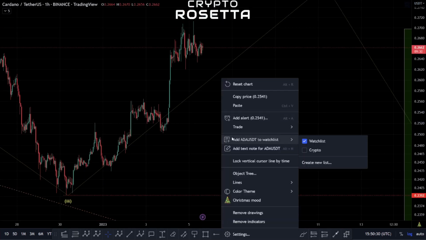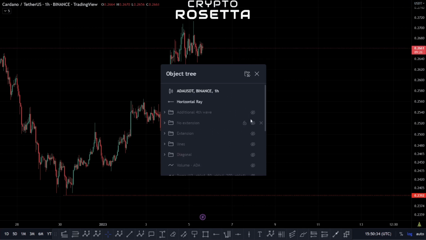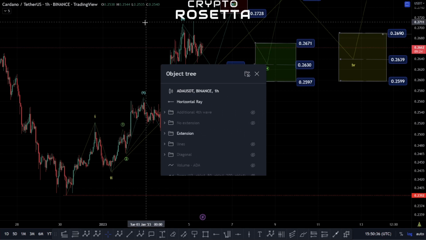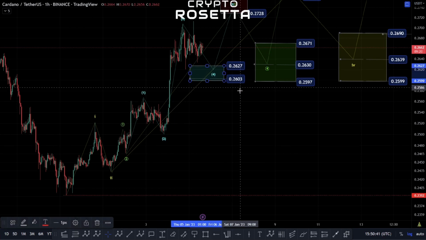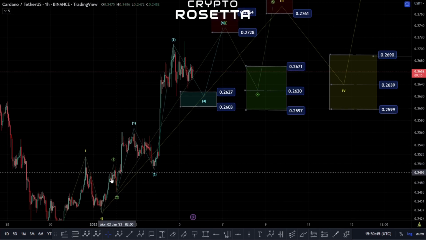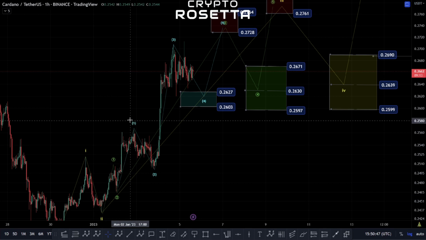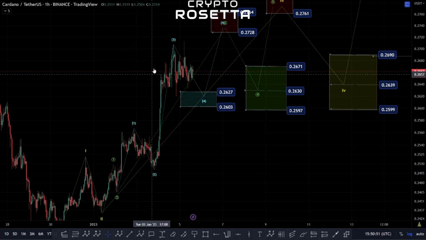So there is another way of looking at this move, and I'm going to turn off this diagonal first. We can actually look at this as a potential extension within this wave 3, and if that is the case, what we could be looking for is, rather than looking at this as a whole as a wave 1, we could split this up as a 1, 2, 1, 2, 3.